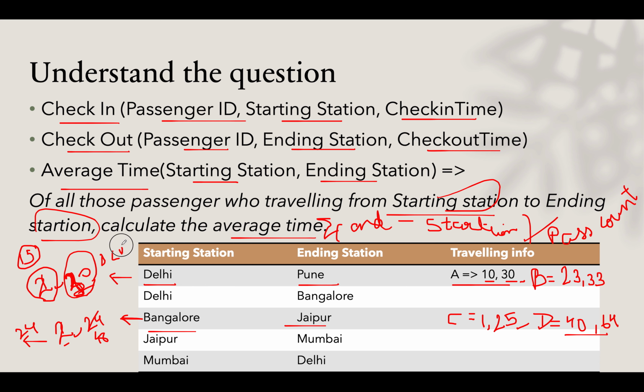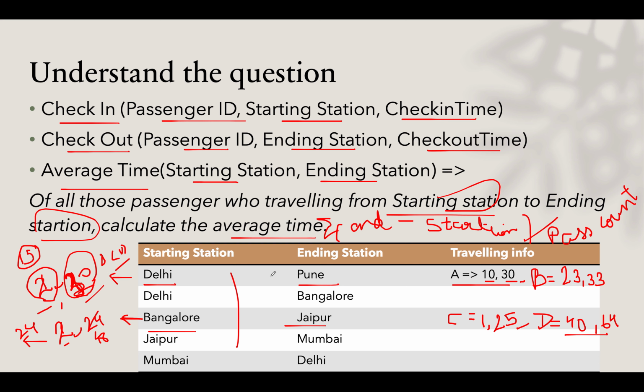Hear me out again. What information I'm storing is the starting station, the ending station, the total travel time, and the number of passengers who traveled from the starting location up till the ending location. And I'm doing it for each possible starting and destination combination that we have.